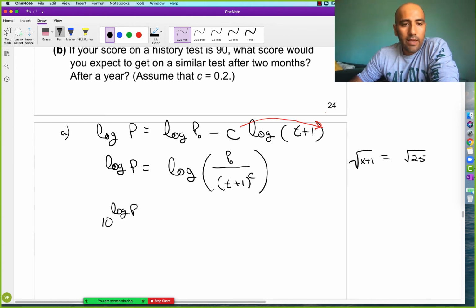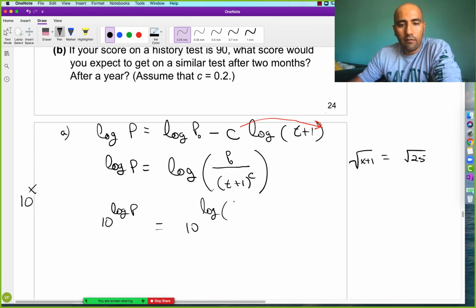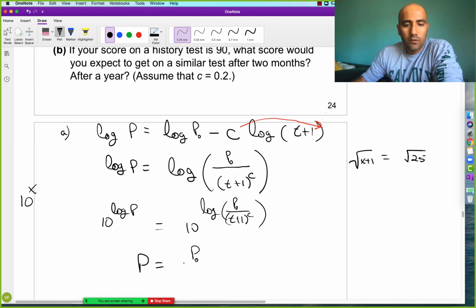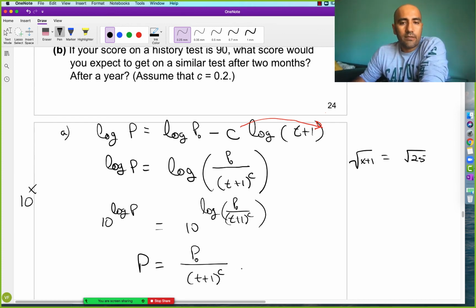So we apply the function 10 to the x power, and we do the same thing to the other side, 10 to the power of log of p naught over t plus 1 to the power of c. Either way, these two operations undo each other, and we end up with the statement that p must be equal to this, p naught over t plus 1 to the c power. Okay. Any questions about this?